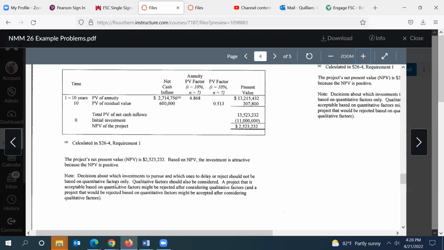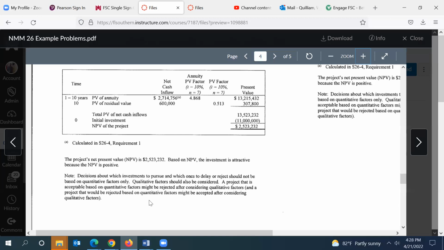Now there's a little note that says decisions about which investments to pursue and which ones to delay or reject should not be based on quantitative factors alone, not just these numbers. The qualitative factors should also be considered, so non-numerical. A project that is acceptable based on quantitative factors might be rejected after considering qualitative factors.